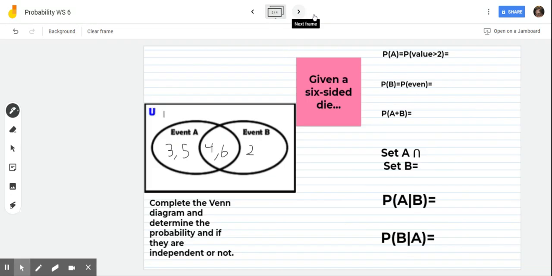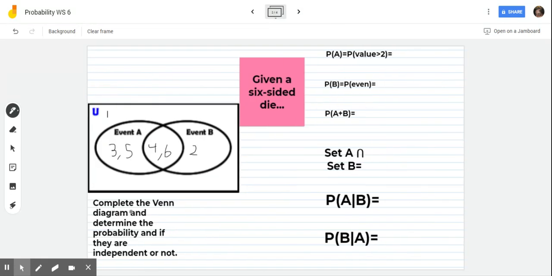Ready? Okay, move on. Now this is a practice problem. Complete the Venn diagram, which has already been done for you for the sake of time, and determine the probabilities and if they're independent or not. So the values are less than or equal to 4, and greater than 2. Event A is 1, 2, 3, 4, and out of the whole 6 numbers on the die, that would be 4 out of 6.